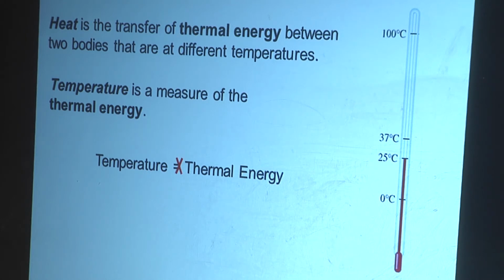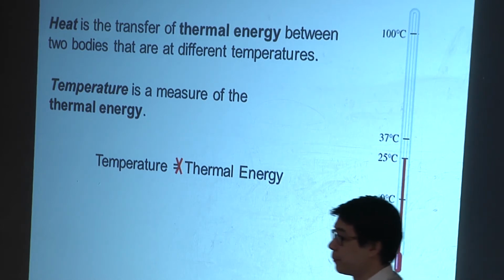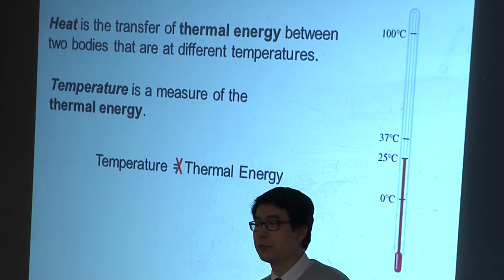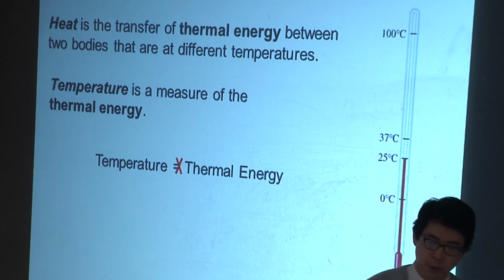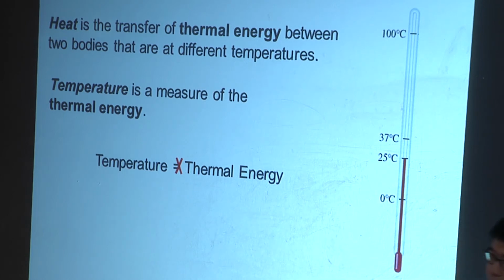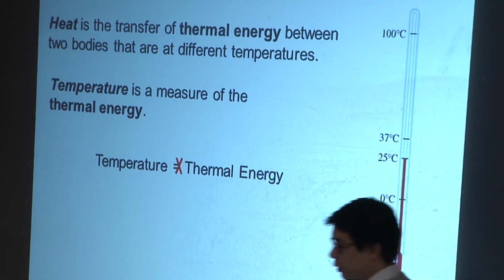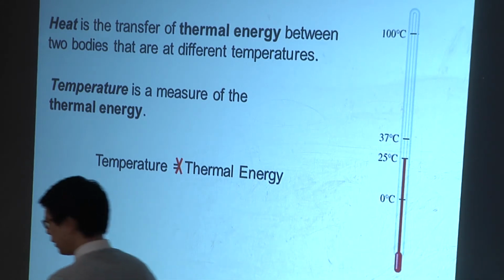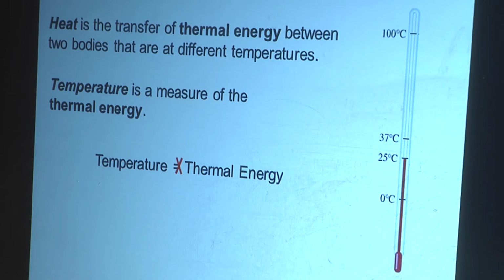So we talked about energy versus temperature. One of them is extensive and one of them is intensive. Or heat and temperature. So let's look at it this way. Which one is temperature, extensive or intensive?